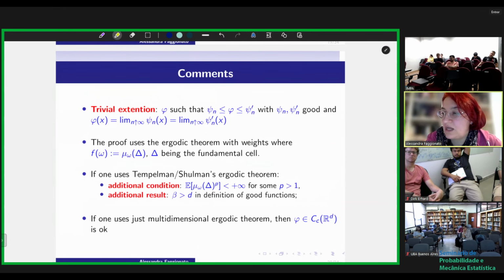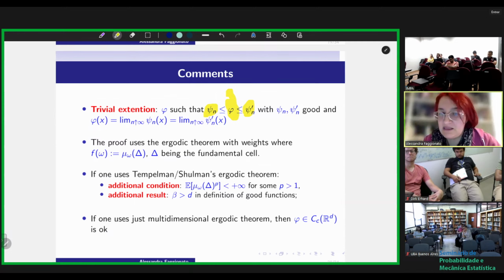And of course, you can always invoke monotonicity, that is, if phi is upper bounded and lower bounded by functions which are good, then you can apply the ergodic theorem to these psi n prime, and you get the ergodic theorem for phi, if phi is the pointwise limit of these functions. Okay, just to say that it's not necessary that phi is really smooth, really continuous.